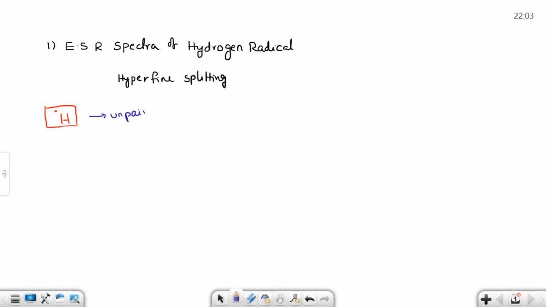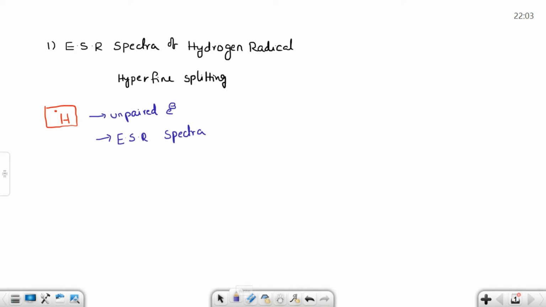Due to the presence of the unpaired electron, the hydrogen radical is going to give an ESR spectrum.